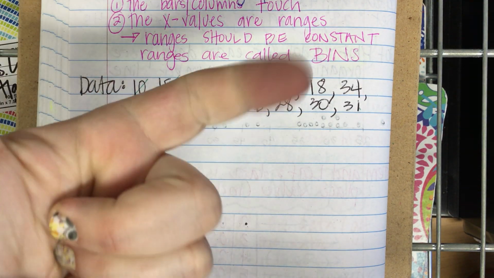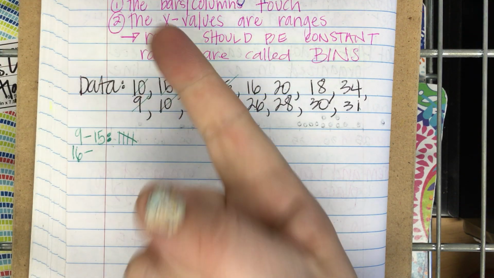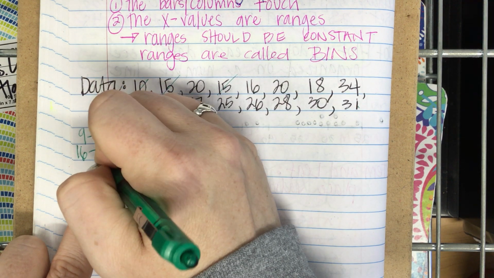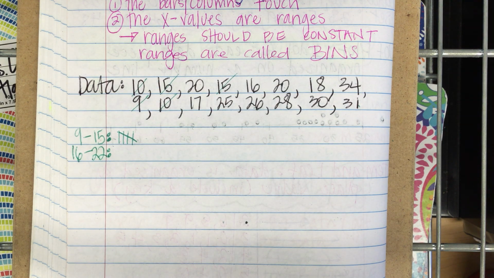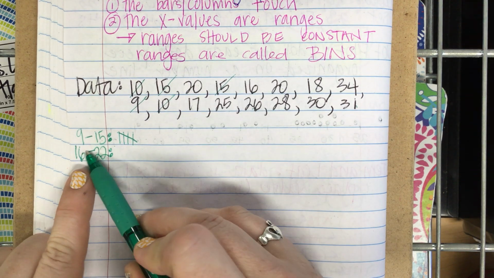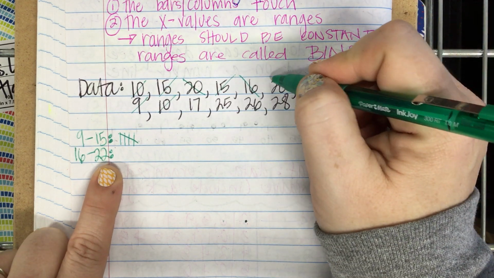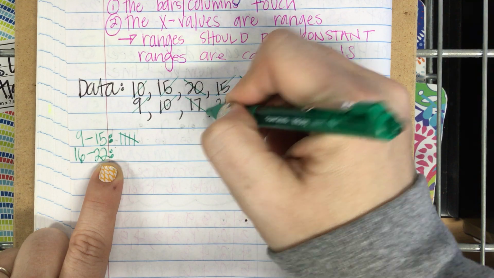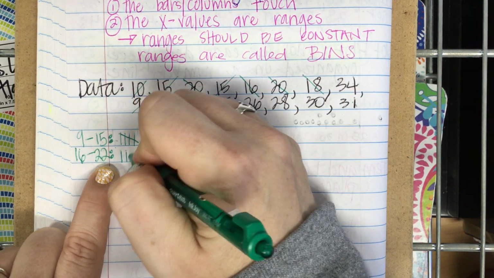So 16, 17, 18, 19, 20, 21, 22. 16 to 22 is my next bin width, my next range. So 1, 2, 3, 4, 5 pieces of data.